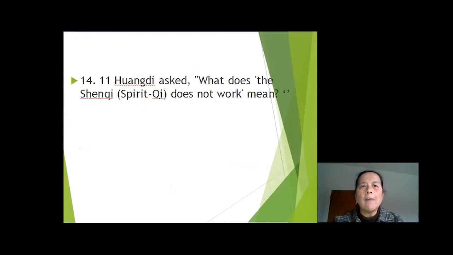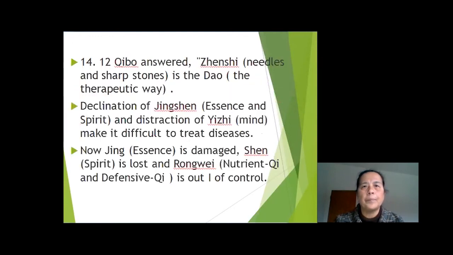Then Huangdi asked why. Why does it happen? What does it mean that shen qi is not working? You say in this kind of condition, if shen qi is not working, we find it hard to treat the patients. But why? Then Qibo answers, so the needles, they put zhen shi together.